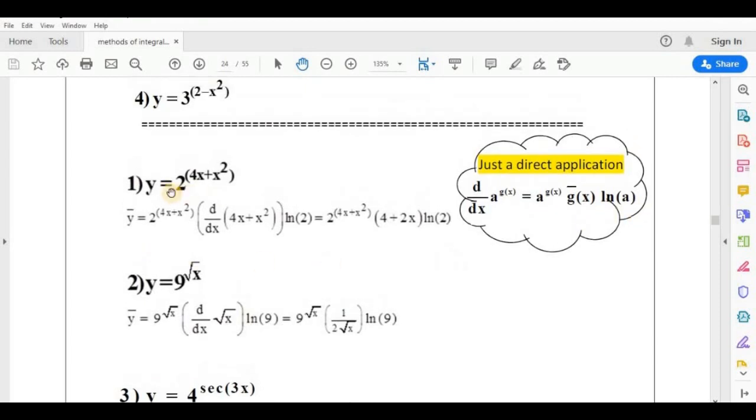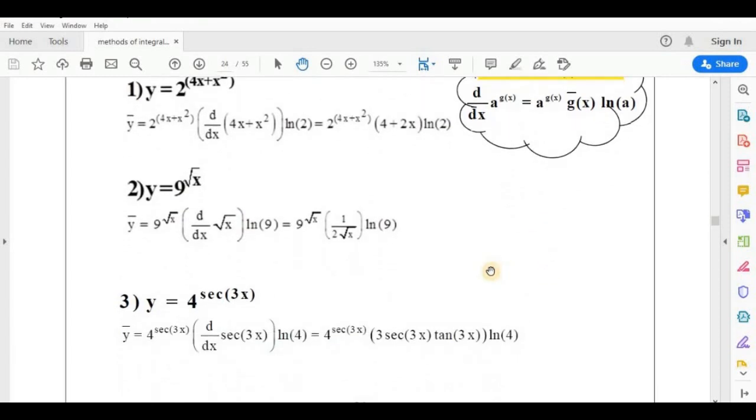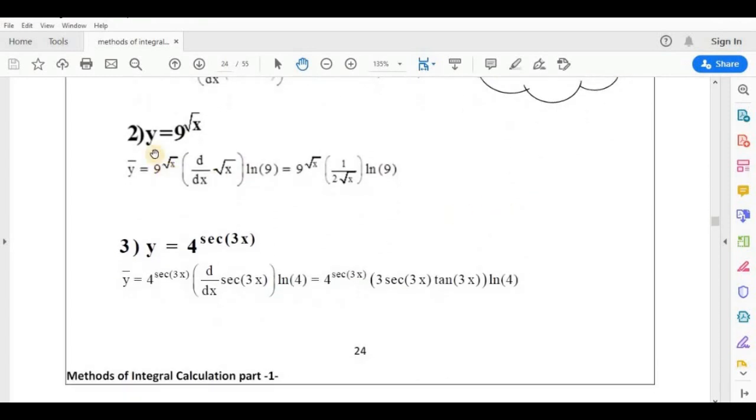So this one we will keep as it is, multiply by the derivative of this function. It will be 4 plus 2x, multiply ln 2. It's just direct application. Simple.